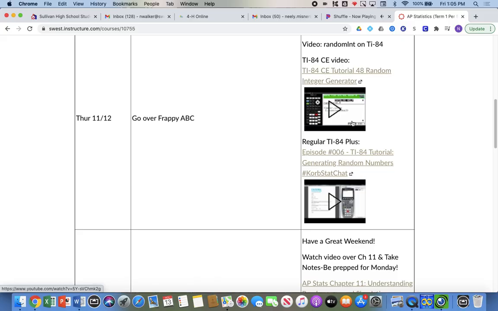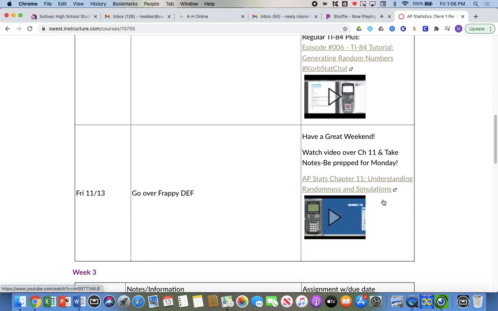If you have one of my calculators or an equivalent, you use the bottom one. They just look slightly different, so follow the video for whatever calculator you have, a regular 84 or the color edition. For the second video, I think everybody has the same instructions.